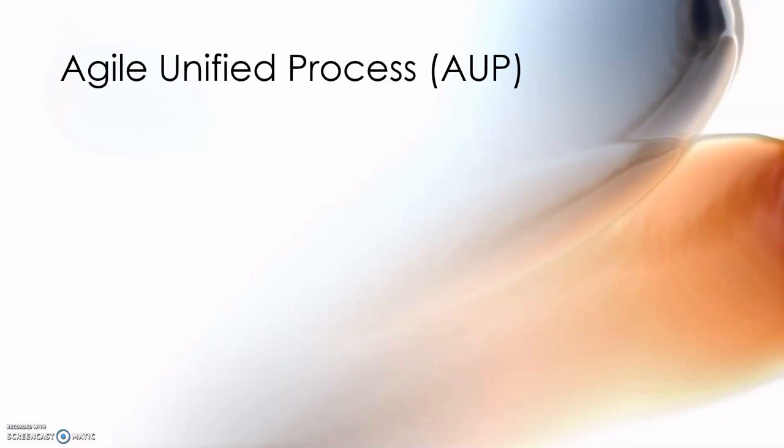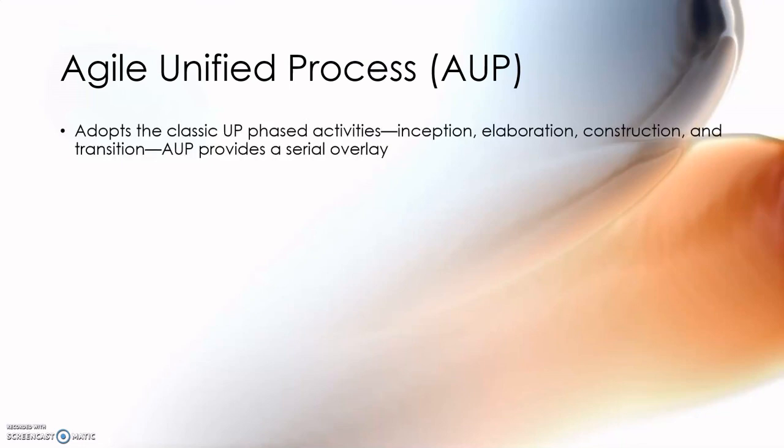Our next model, that is Agile Unified Process, that is AUP. It adopts the classic UP phased activities, that is inception, elaboration, construction, and transition. AUP provides a serial overlay, that is a linear sequence of software engineering activities that enables a team to visualize the overall process flow for a software project.